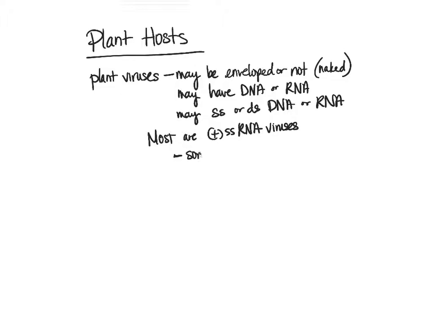Some have broad ranges, so they can infect a whole bunch of different types of plants, maybe within the same family, or not even within the same family, just plants in general. And some have narrow ranges, meaning it can really only infect one type of plant.